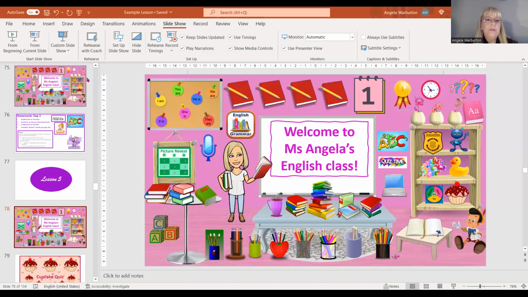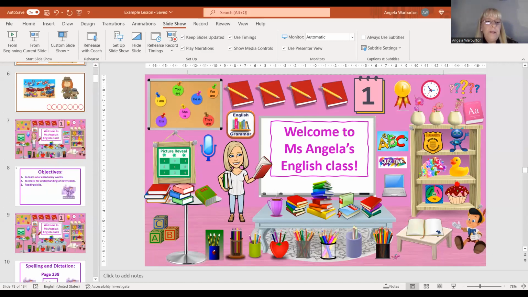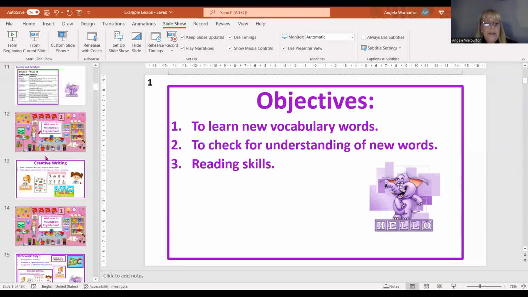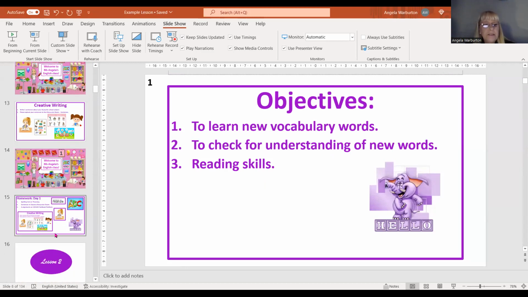At the top, we start off, we play the game. I put the objectives so that the students would know what I need them to focus on, what skills they're going to learn. It's really very sensible for them and helps them to make sense of the lesson.